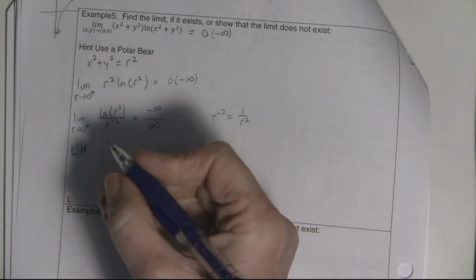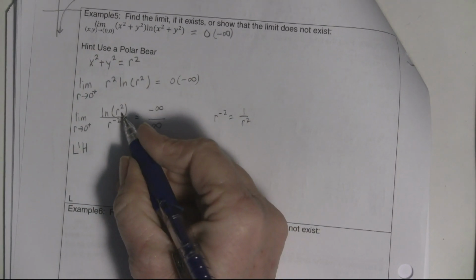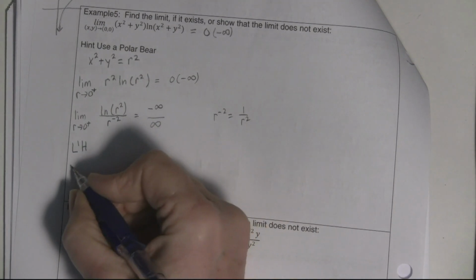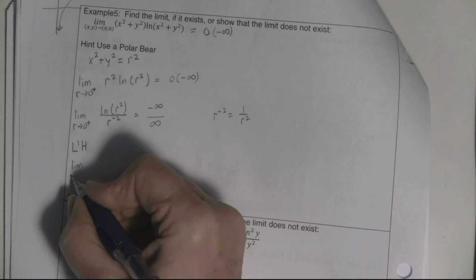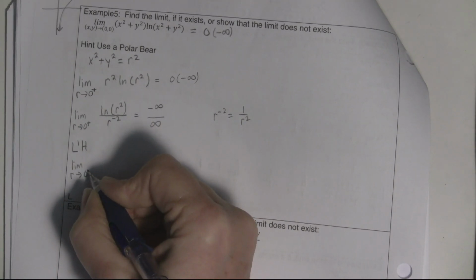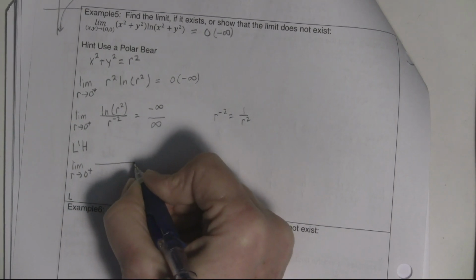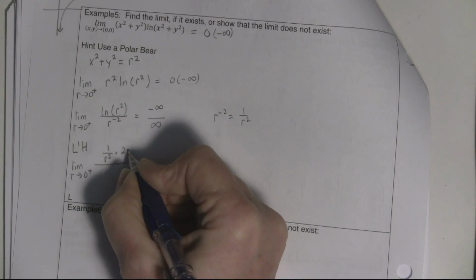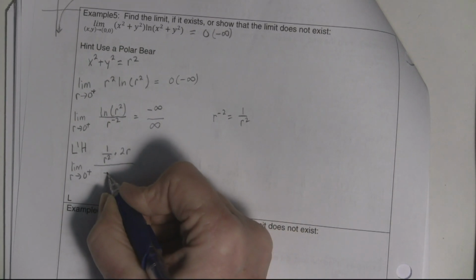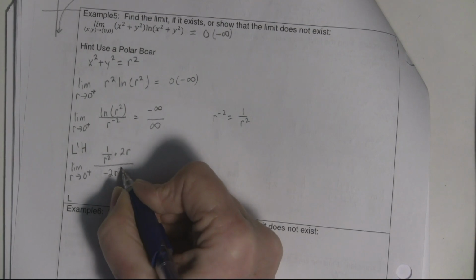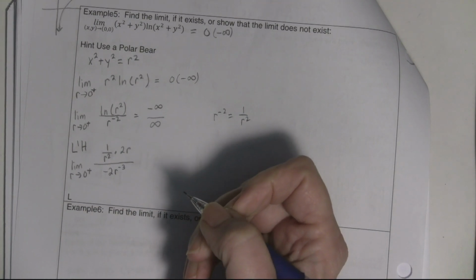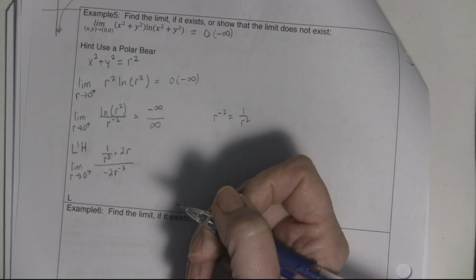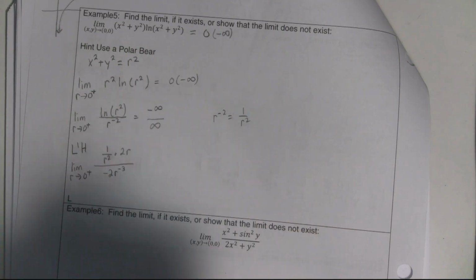And so now I got to do the derivative of the numerator and the derivative of the denominator separately, no quotient rule on L'Hopital's rule. So this is 1 over r squared, and then chain rule times 2r. And then this is -2r to the -3, right? If I did that right.